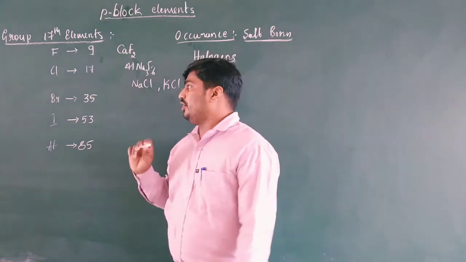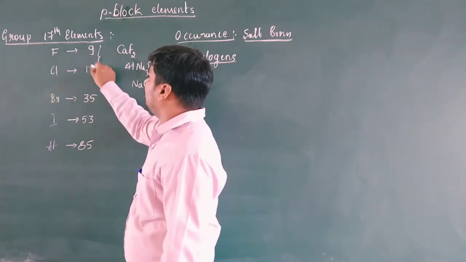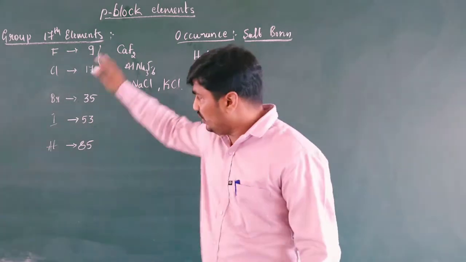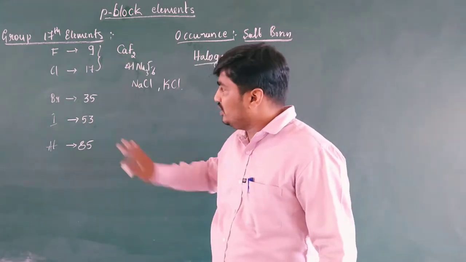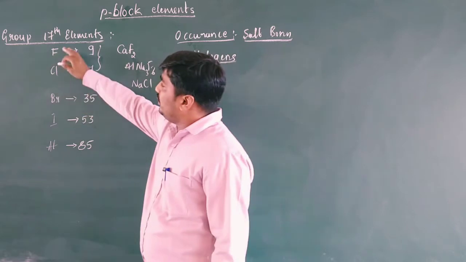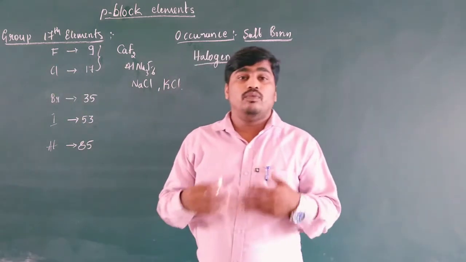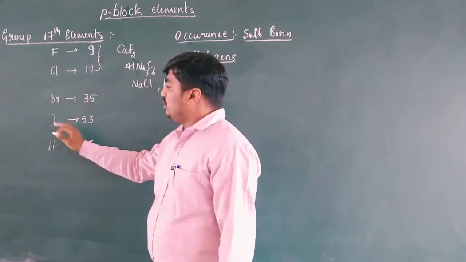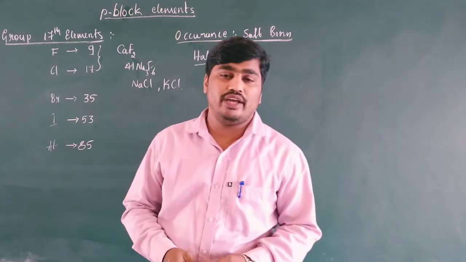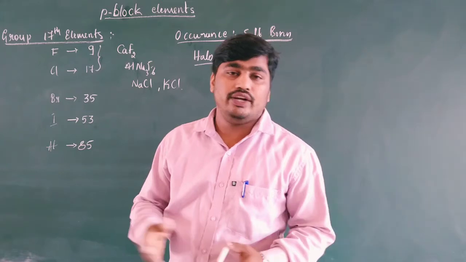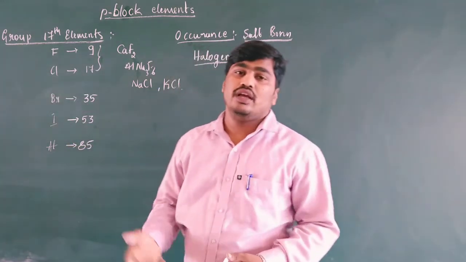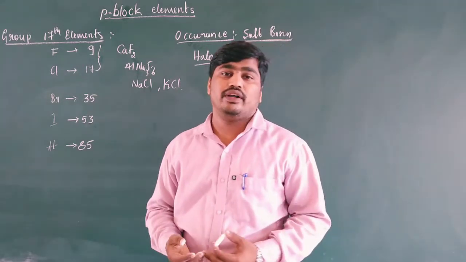Fluorine and chlorine are the most abundant when we compare the elements present in the 17th group. Fluorine and chlorine show more abundance in the atmosphere, and the existence of bromine and iodine is in lesser quantity. Iodine is also present in the seawater, chlorine is also present in the seawater, fluorine is also present in the water.